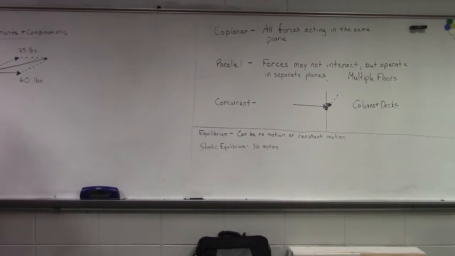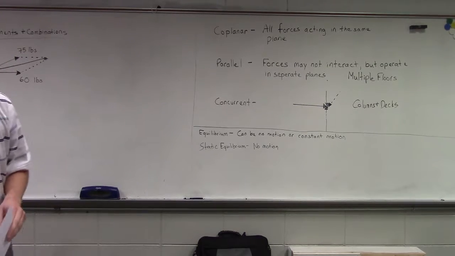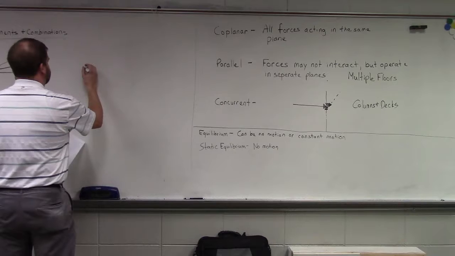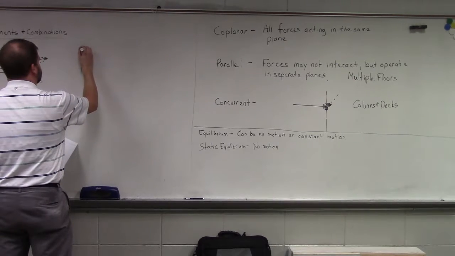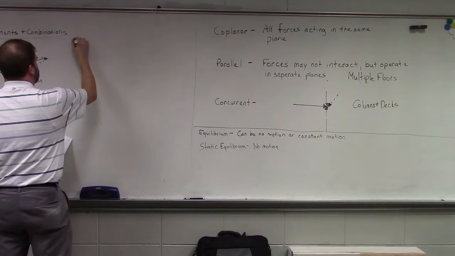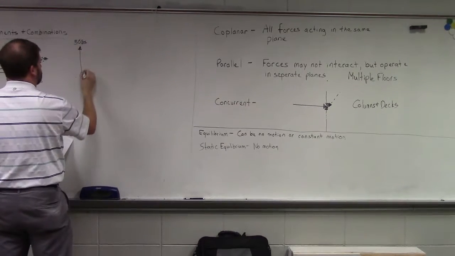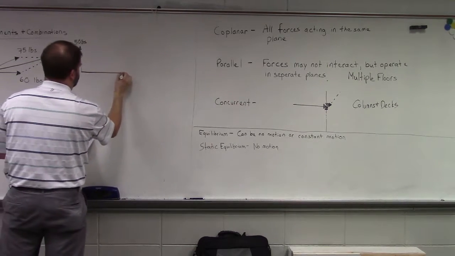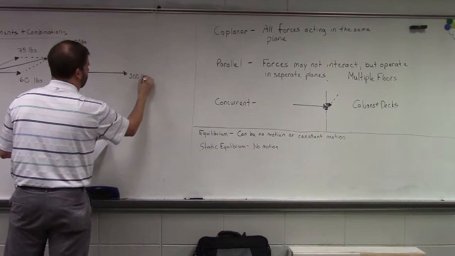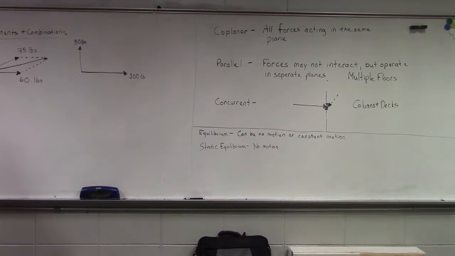So, the example that we'll look at is, say we have a system with a 50-pound force in the horizontal direction and a 100-pound force in the horizontal direction.